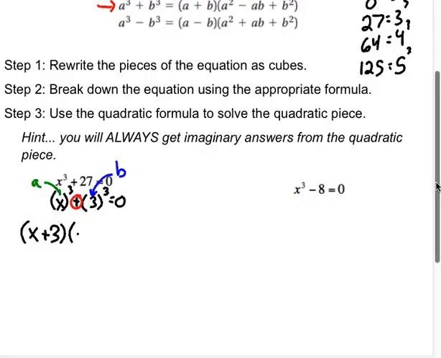A squared is just going to give me x squared, minus A times B, so x times 3 is 3x, plus B squared. 3 squared gives me 9. So that's the gist of using that formula. Once you break down A and B, I think the construct is pretty simple. It's pretty basic.